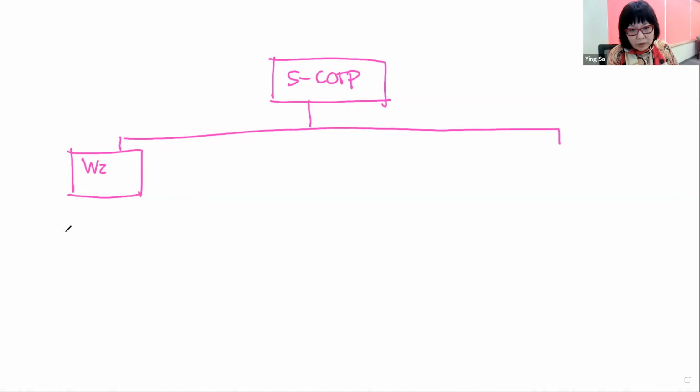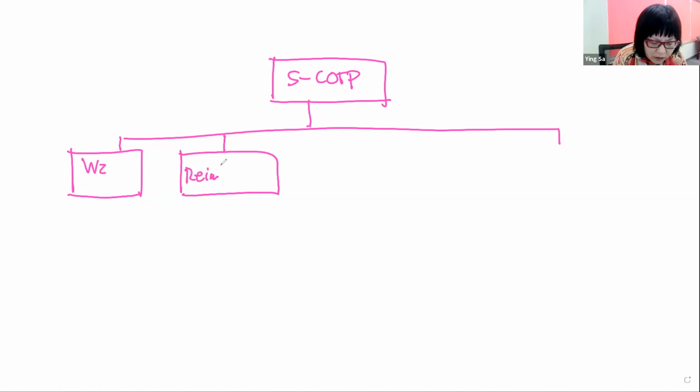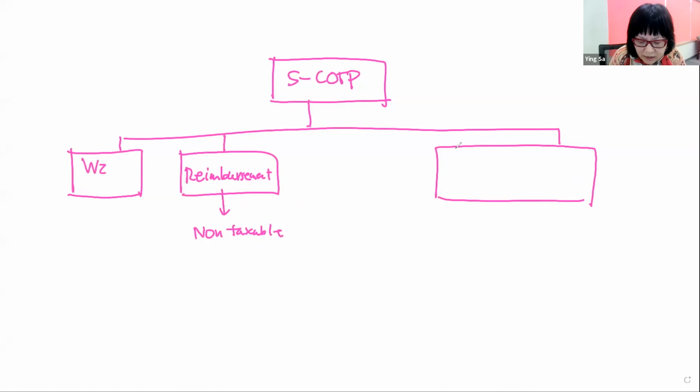You cannot be running a corporation with no payroll, right? Then the other one we are going to talk about is reimbursement, which we already covered under the partnership. Reimbursement is non-taxable, right? Then the third one S corp has is distribution.